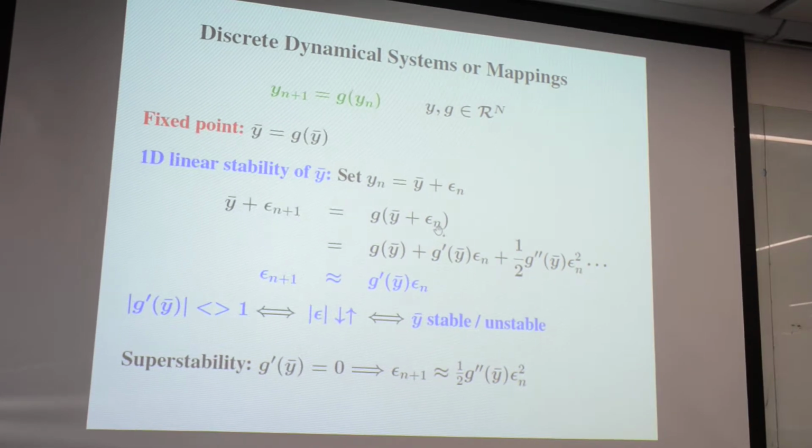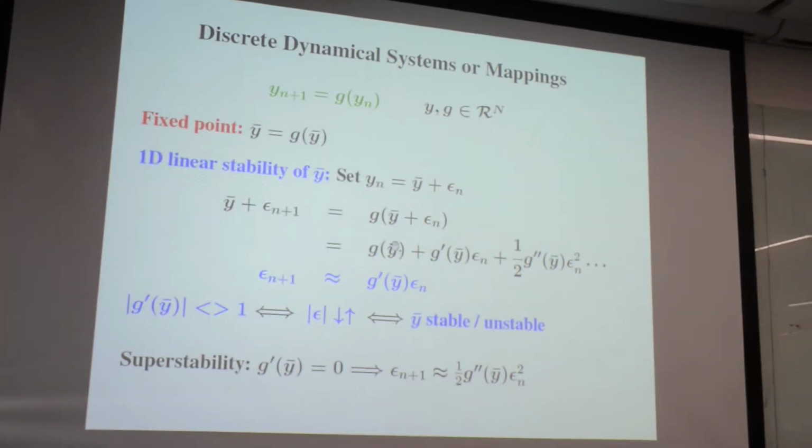Just as before, we expand in a Taylor series: g of y bar plus g prime of y bar epsilon_n plus 1/2 g double prime of y bar epsilon_n squared. Now instead of g of y bar being 0, g of y bar is y bar. But the equation turns into the same thing: epsilon_{n+1} is g prime of y bar epsilon_n, neglecting the quadratic terms. That's what linear stability is.